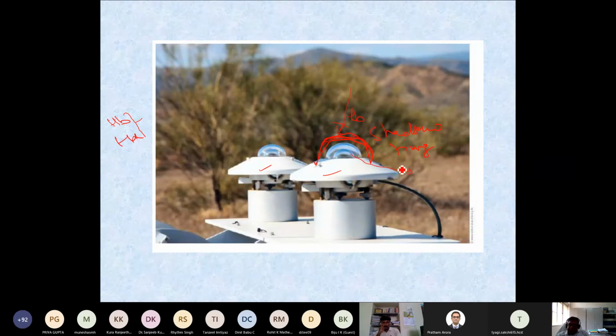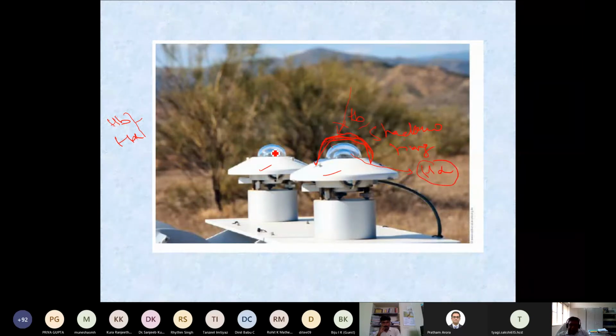Still it shows some reading. What will that reading be? That will be the diffuse solar radiation, because at that particular location and time, the beam radiation is not falling on this sensor, and the remaining diffuse radiation falls indirectly on it and is measured as HD.